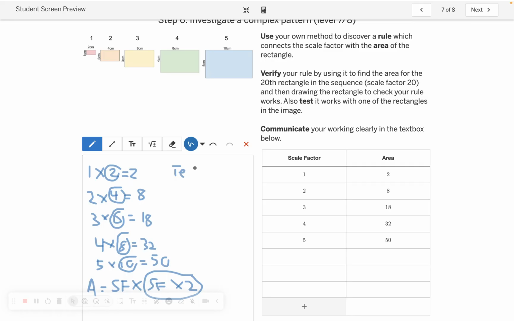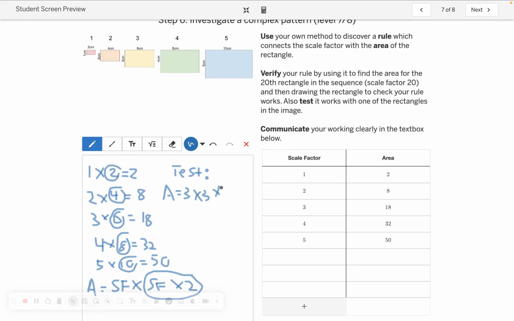Okay, so again, another big command term that you see in Criterion B is testing a general rule. Now, you can have the choice of choosing between 1 to 5. I'm just going to choose 3 in this case. So when your scale factor is 3, I can say that to test, your area will be equal to 3 times 3 times 2.